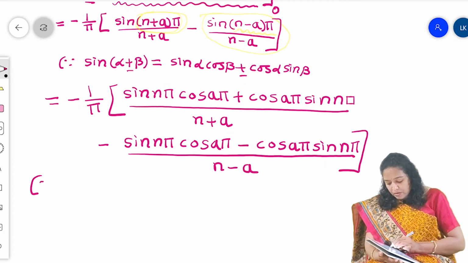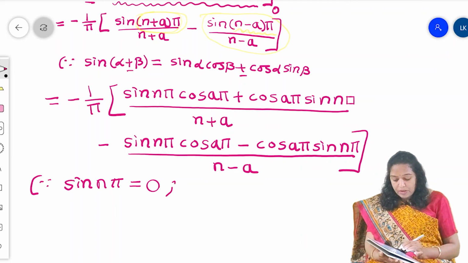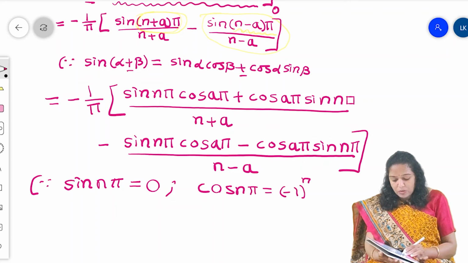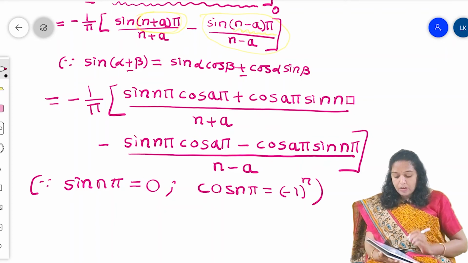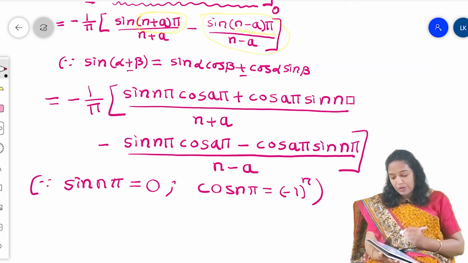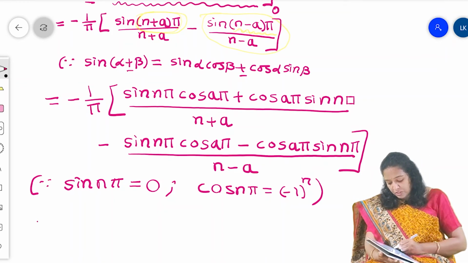Again, we know that the value of sine n pi is always 0, and cos n pi is minus 1 raised to n. Substitute this value here in the previous term.